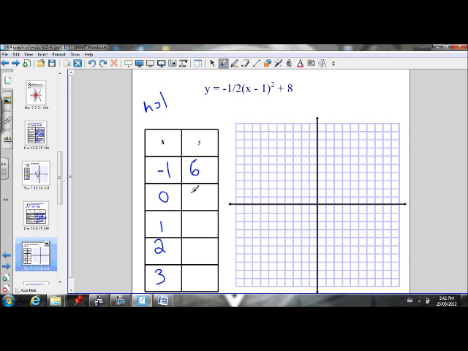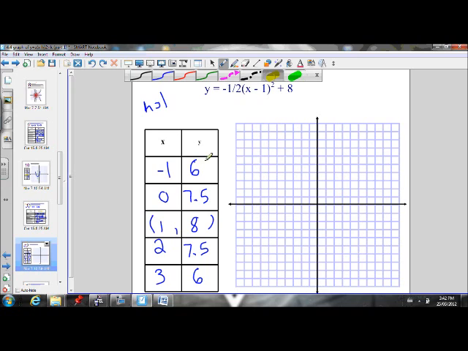If I plug in 0 for x, I will get 7.5. If I plug in 1 for x, I will get 8. If I plug in 2, because of the symmetrical properties of the parabola, we know it'll be 7.5. If I plug in 3, it'll be 6.